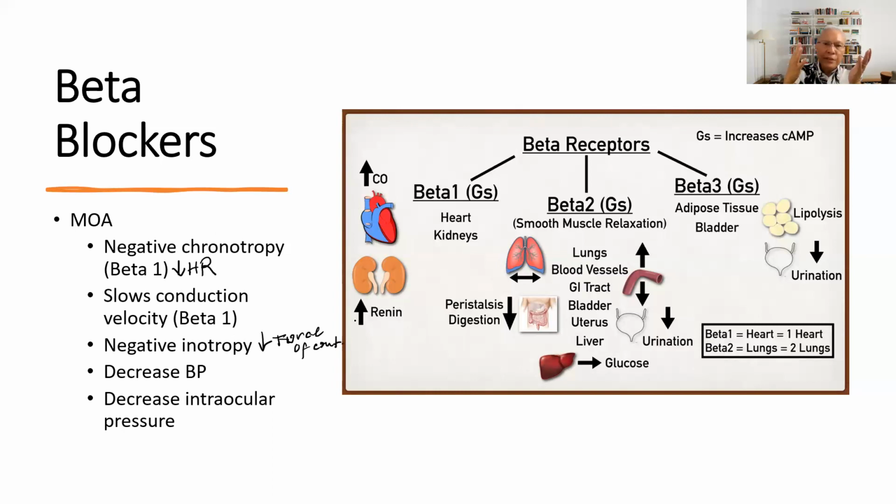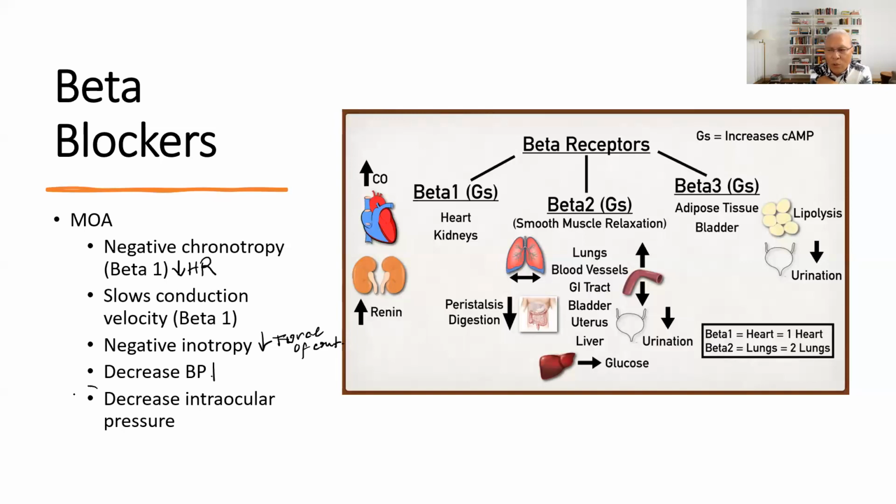So one important thing, if you decrease the force of cardiac contraction, you would require less oxygen. And that is the reason why it is a very good drug for patients that have had a myocardial infarction in order to decrease cardiac demand. Now, the other thing is that, of course, it decreases blood pressure. And that is the reason why we are actually discussing this along with the other antihypertensives.